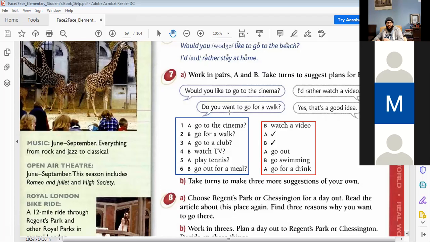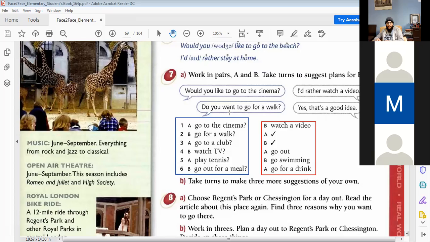Okay. Would you like to cook? Yeah, you can say would you like to cook. Yes, that's a good idea. Yes. Would you like to play football?